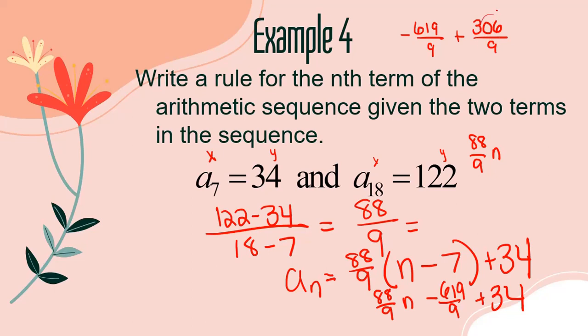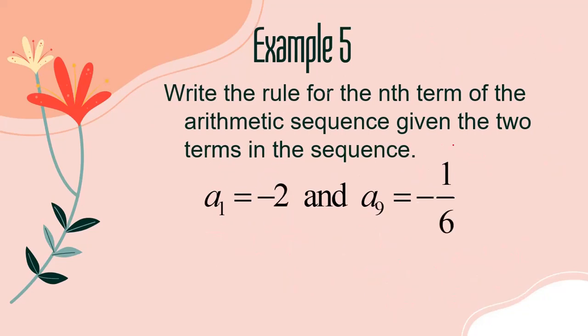So 306 minus 616 is negative 310, giving negative 310/9. So that is the formula of my arithmetic sequence. I could never have come up with that off the top of my head. Good thing we didn't have to.